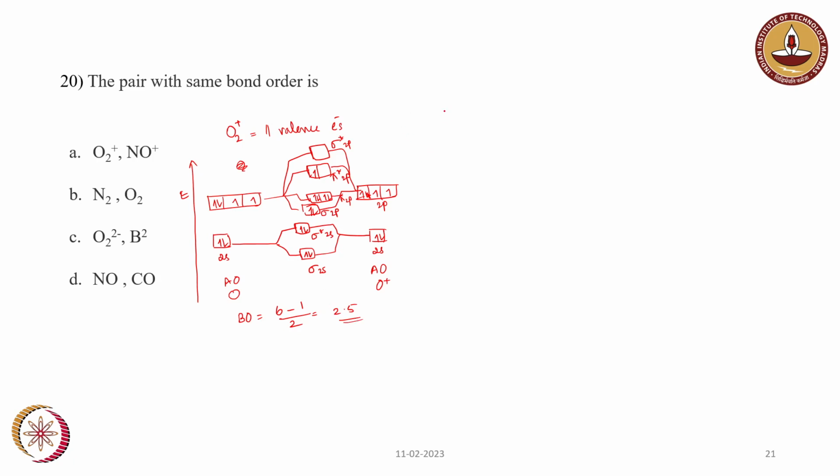And in NO+ there are 10 valence electrons.